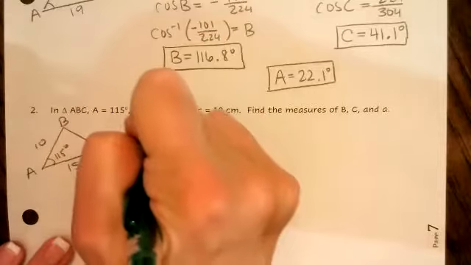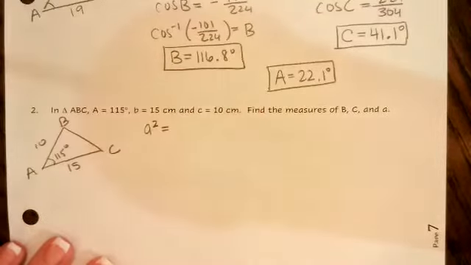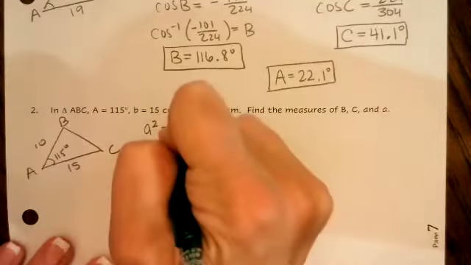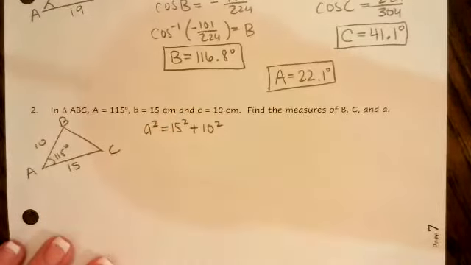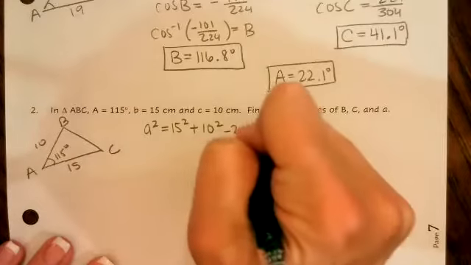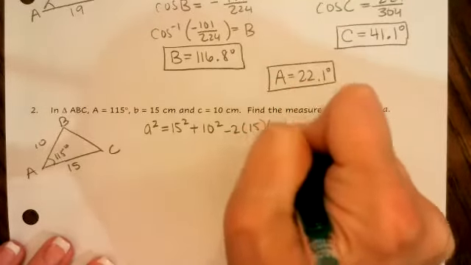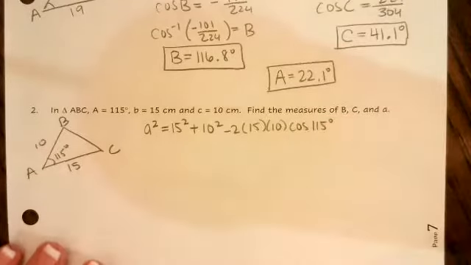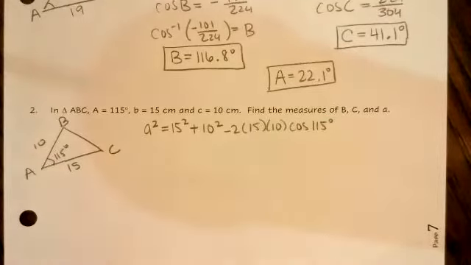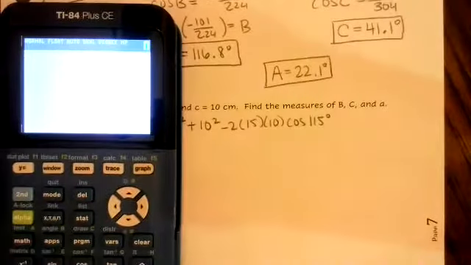We get A squared is equal to 15 squared plus 10 squared, so our other two sides, minus 2 times 15 times 10 times the cosine of A, which is 115 degrees. This one's a little bit easier. There's not a big setup on the calculator at all. You can put it in exactly the way you see it.